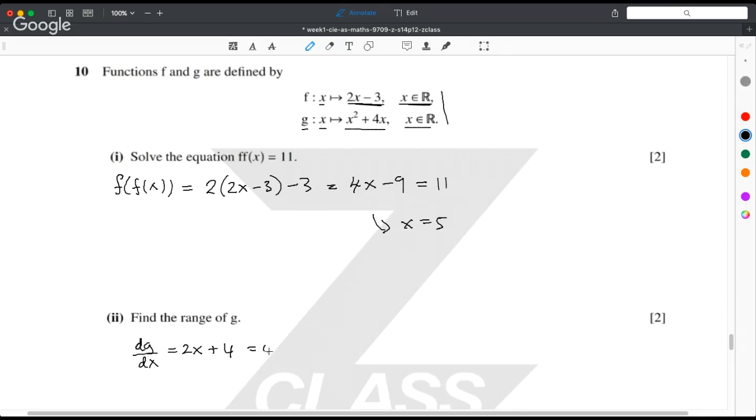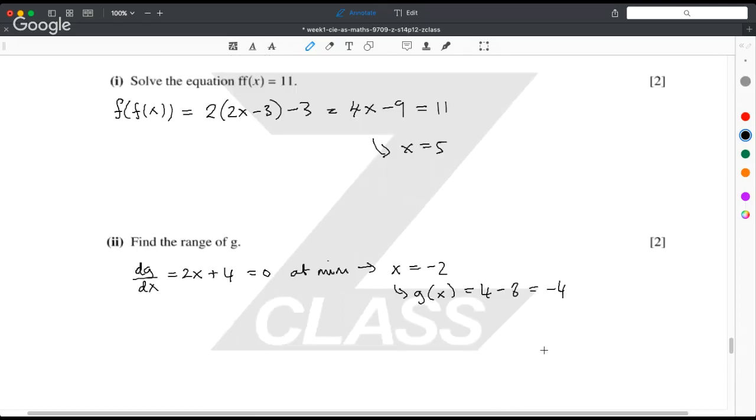And this is equal to 0 at the minimum, right? So this means that this is at a minimum when x is equal to minus 2. And therefore, when g of x is equal to 4 minus 8, which is equal to minus 4.